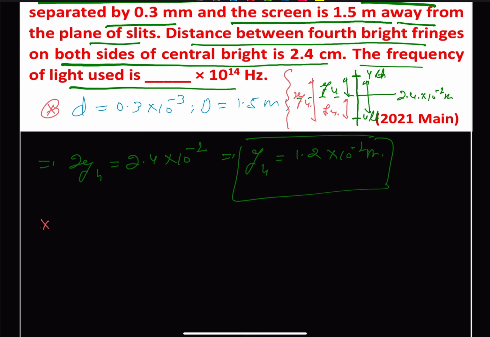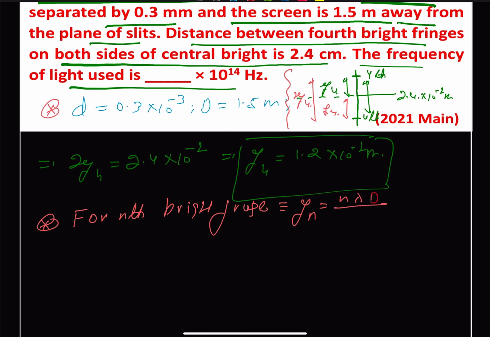And we know the standard formula for the nth bright fringe, we can write y of n is equal to n lambda capital D divided by small d, and here the value of n is equal to 4.